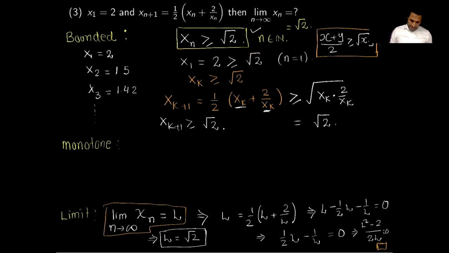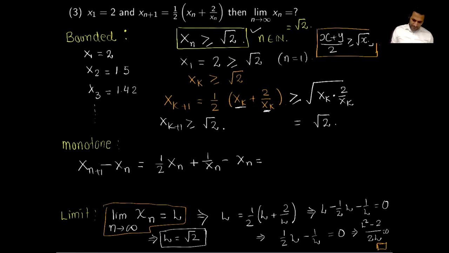Now let's show that this sequence is monotonically decreasing by computing the term xn plus 1 minus xn. This is simply 1 half times xn plus 2 over xn, minus xn.